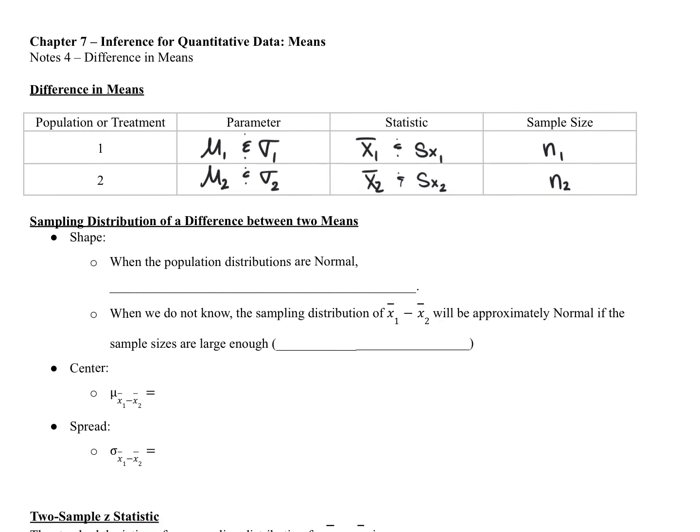So when it comes to the sampling distribution for a difference in two means, the shape is approximately normal under one of two conditions. Either if the population distributions are normal, then we can say the combined sampling distribution is approximately normal, which means if your populations are normal, their difference will be normal as well.